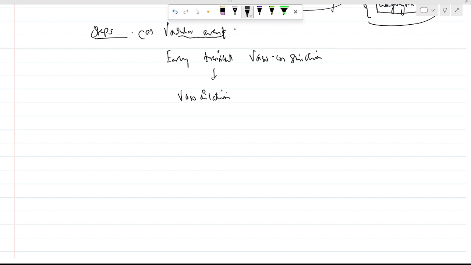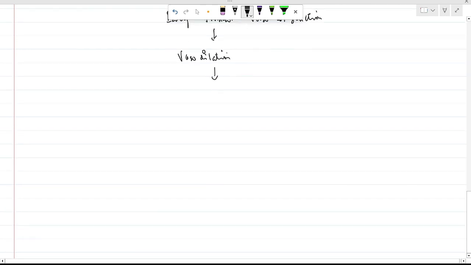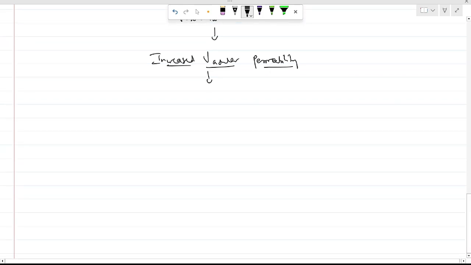Early transient vasoconstriction followed by vasodilation, which leads to increased vascular permeability, which is then followed by the final vascular event, which is stasis of blood flow. That is stasis of blood flow.